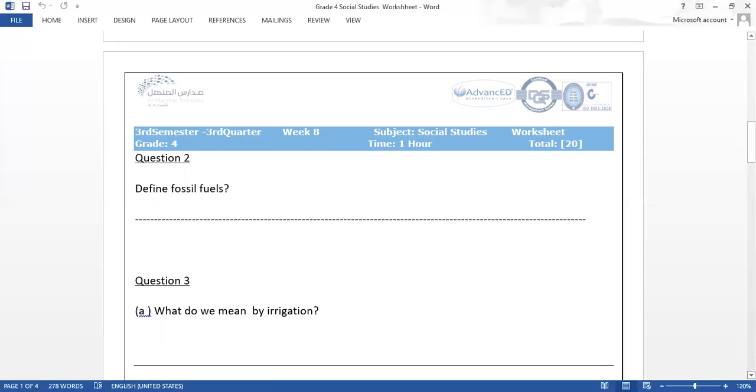So it means you're watering certain plants, certain crops at certain times of the day. That you call irrigation. Watering of plants or trees, crops on farms at certain times.